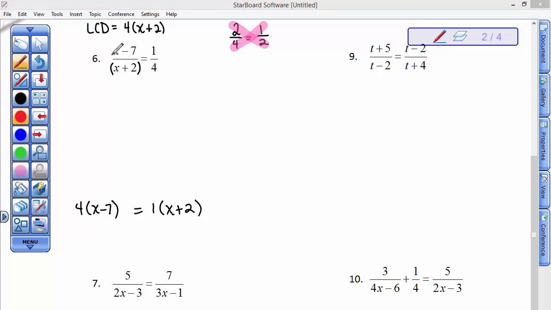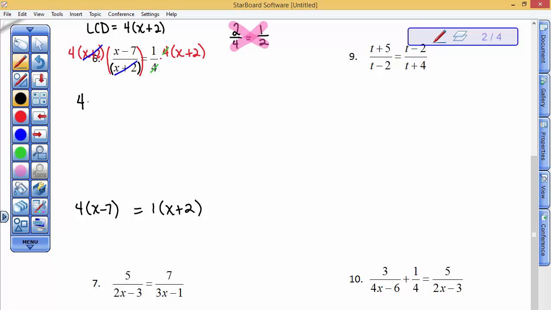So if I were to multiply this first fraction by the 4 times the x plus 2, and also the right side by the 4 times the x plus 2, so both sides get multiplied by the LCD, then notice that this denominator and one of the factors I multiplied by would be removed. And notice that this 4 and that 4 would be removed because 4 over 4 is 1. So you're left with 4 times x minus 7 and 1 times x plus 2.